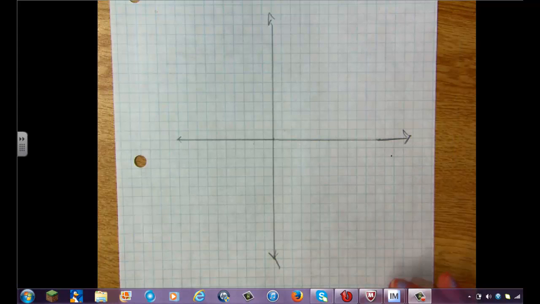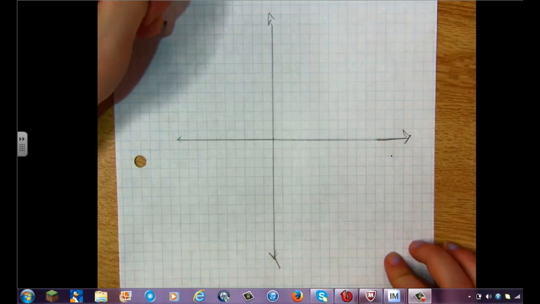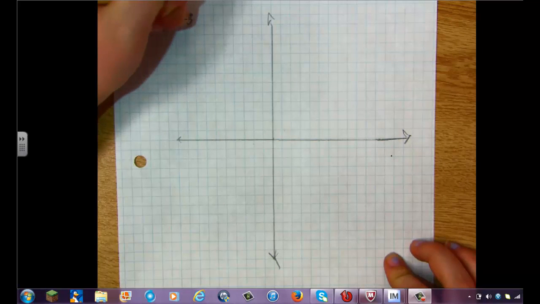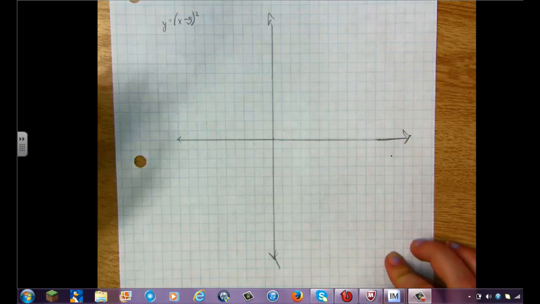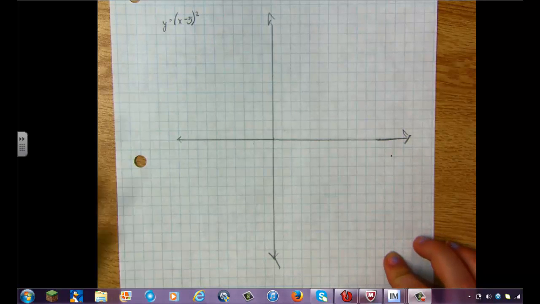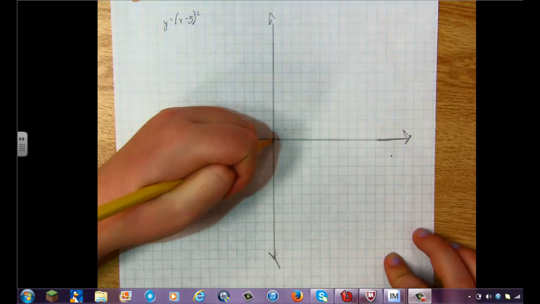If you were to translate the graph to the right 5, you would have y equals (x minus 5) squared. For that, you just graph the parent graph.